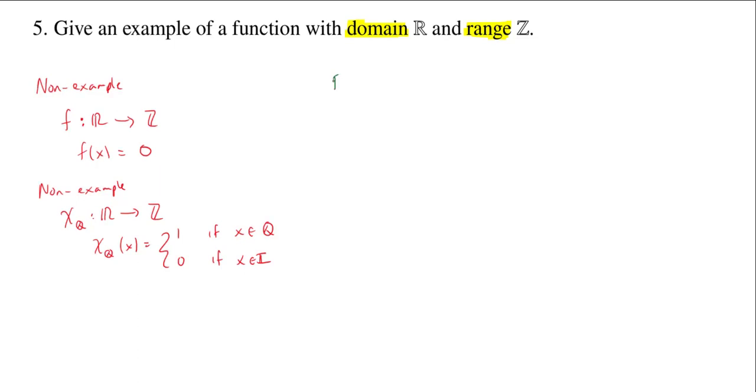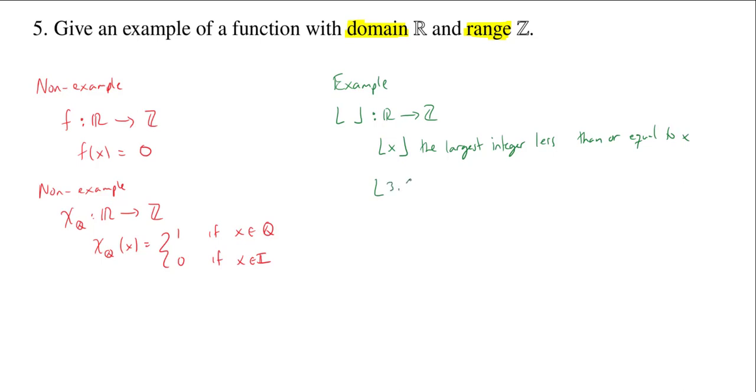So a good example of this would be the floor function. This just takes some real number x and returns the largest integer less than or equal to x.